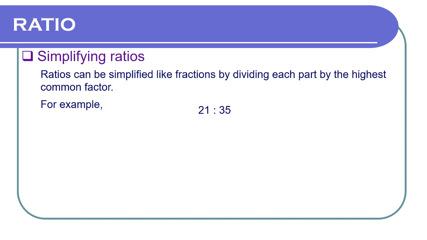So we need to divide both numbers by the same number, which is the greatest common divisor or the greatest common factor. The GCF of 21 and 35 is 7, so we divide 21 and 35 by 7. So we have 3 to 5.